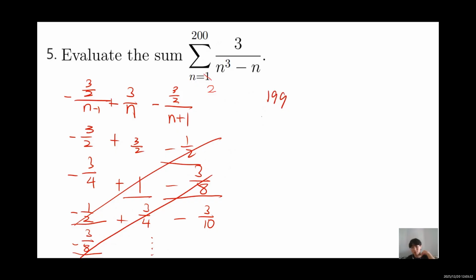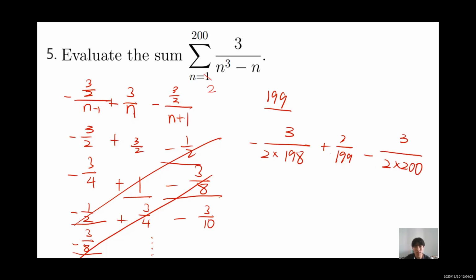Alright, we just plug in 199 first. 199 minus 2, 198 over 3, and 3 over 199 minus 2 multiplied by 200, and then plug in 200, multiplied by 199, plus 200 over 3, minus 201.